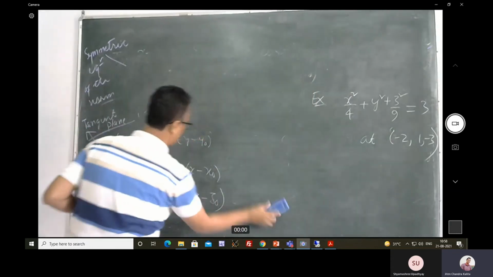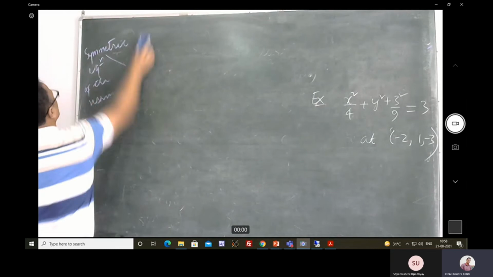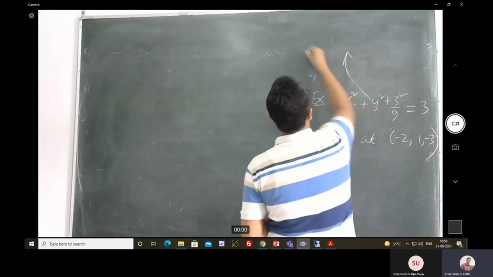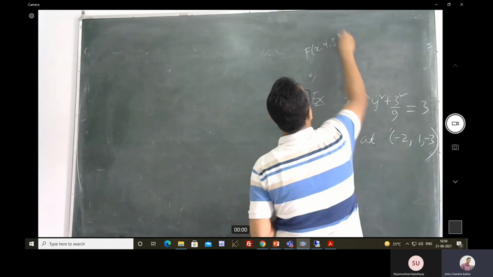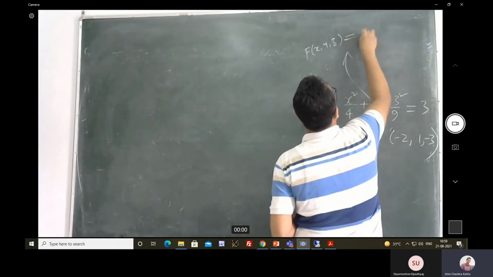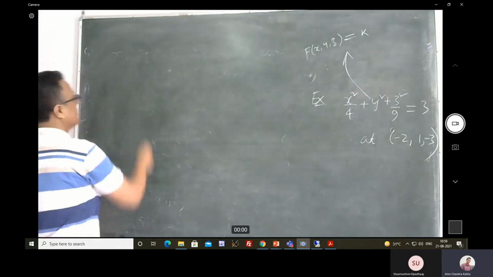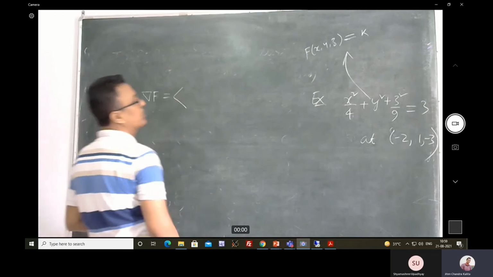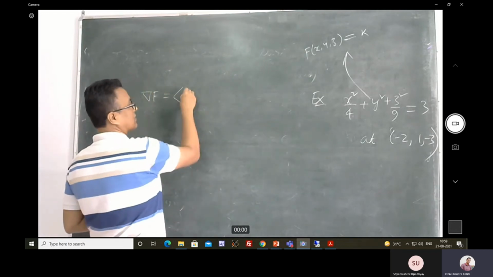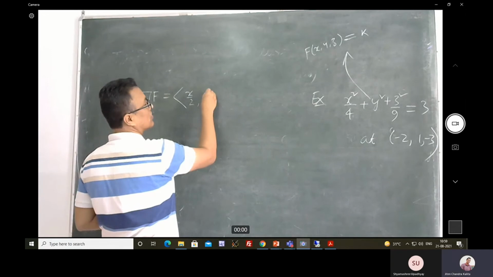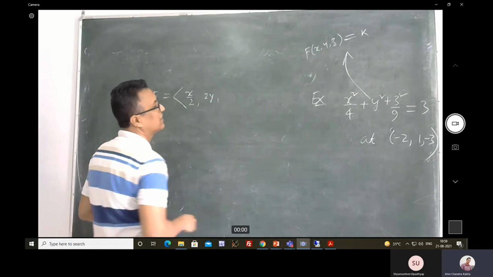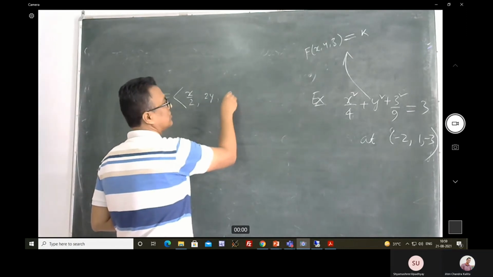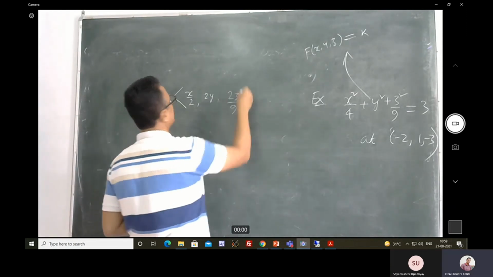It is very straightforward. From this equation, I can simply write it as f of x, y, z equal to k, where here k is 3. It is in this form, right? So grad f is going to be x by 2, 2y, and 2z by 9.